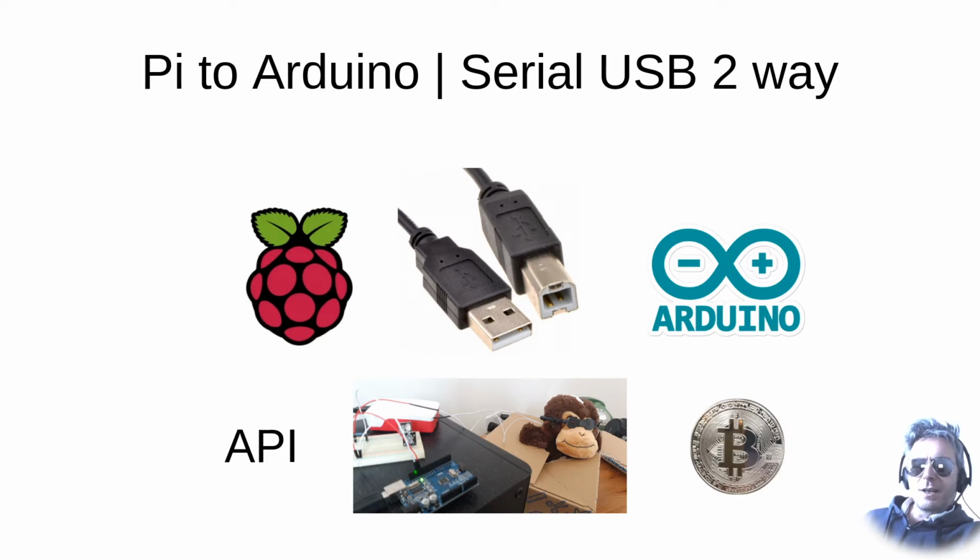So that is bidirectional communication. What I'll show you in a minute is the website that I'm referring to. I'll discuss a couple of the issues that I've already had, and that's the Pi to Arduino side of things. And also, we'll then go on to discuss how to use an API to get price information.